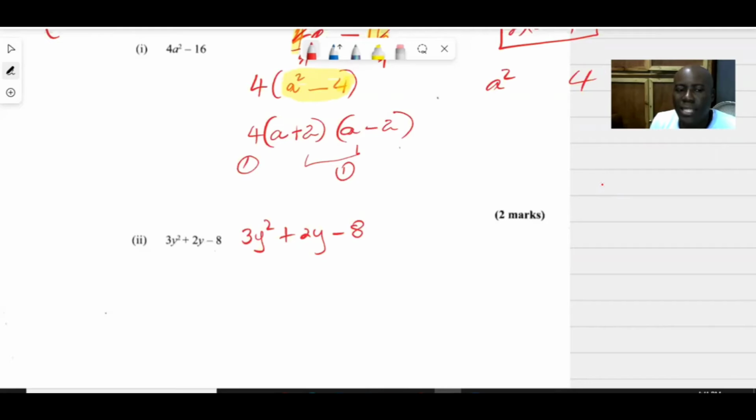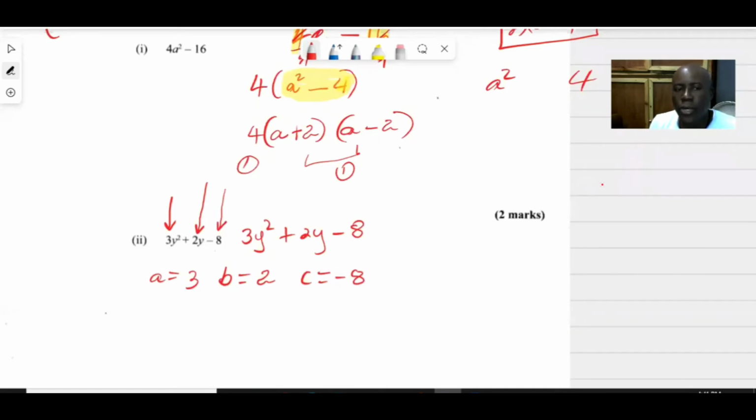Definitely, we're going to have to use the AC method. So it's our responsibility to take out A, which is the coefficient of the square. So it is number 3. B, which is the coefficient of just the y, which is number 2. And C, which is the constant, the number without any letter attached to it. And it's not 8, it is negative 8.